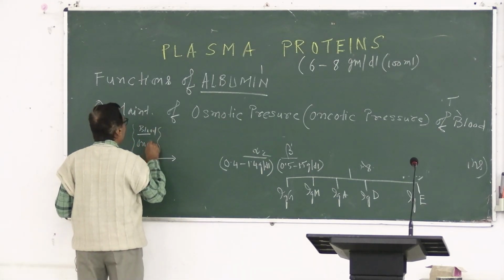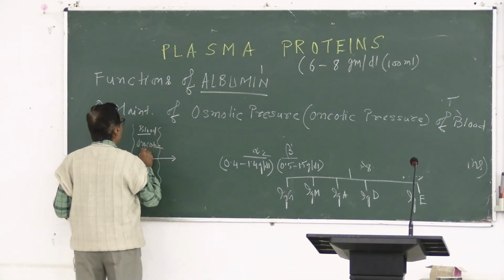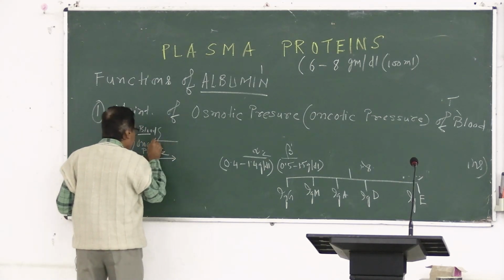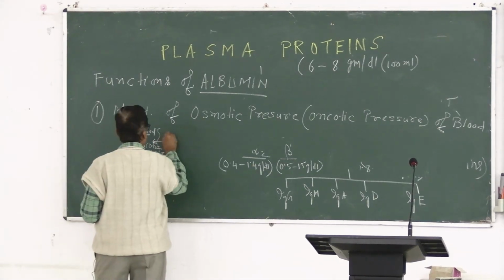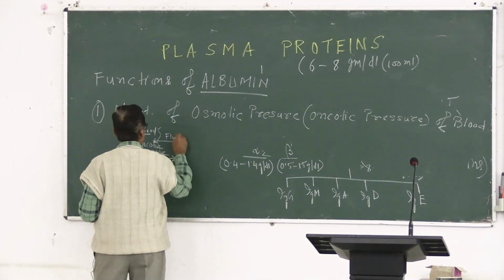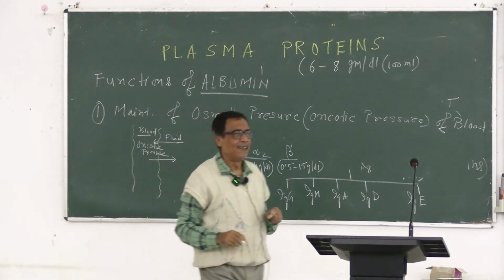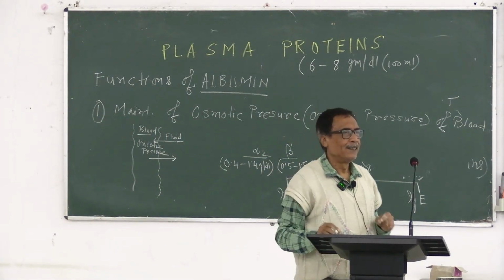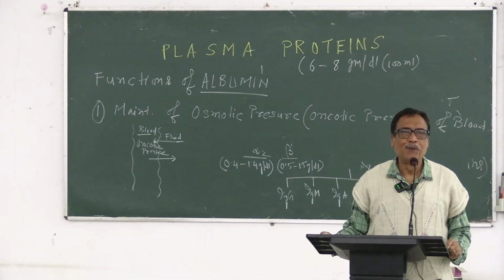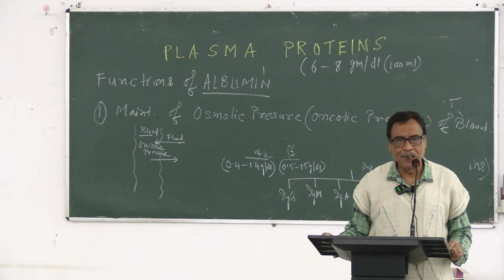Oncotic pressure prevents the extrusion of the fluid from the blood vessel to the outside.